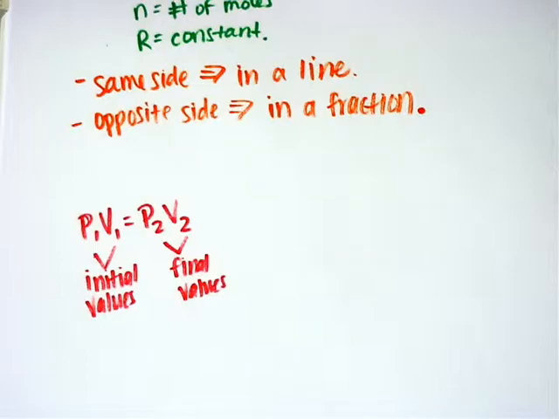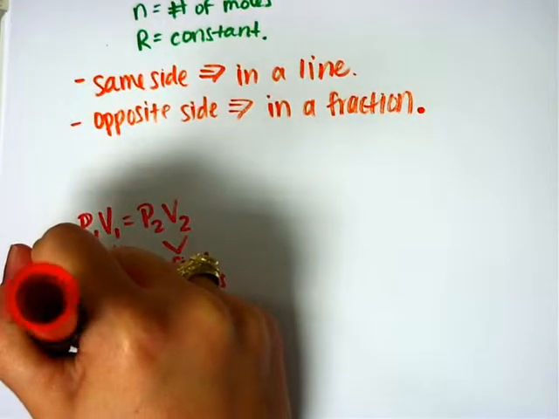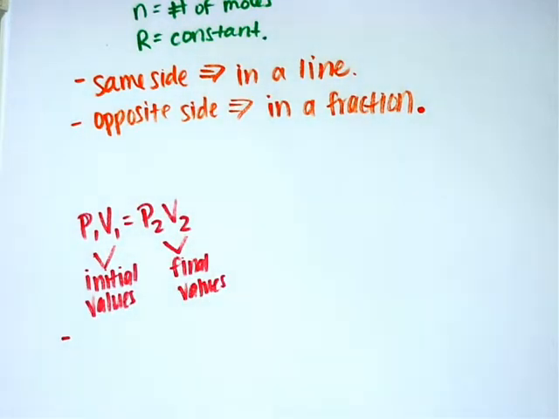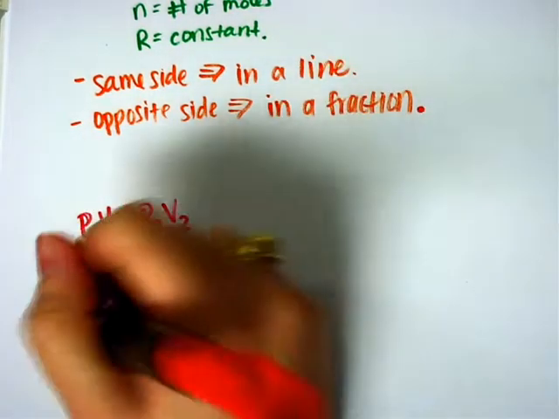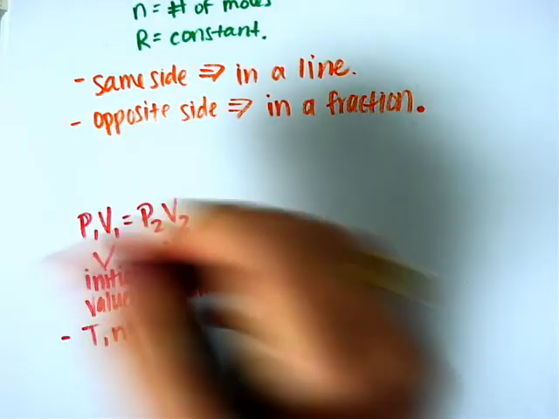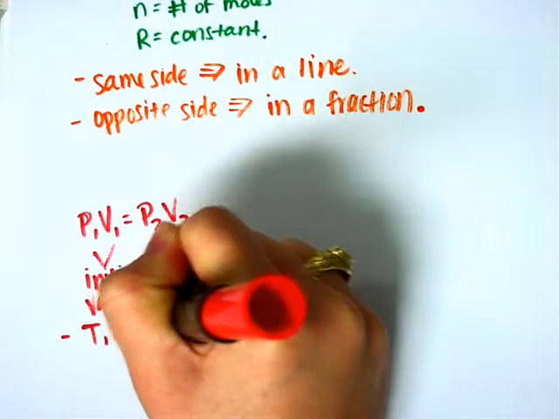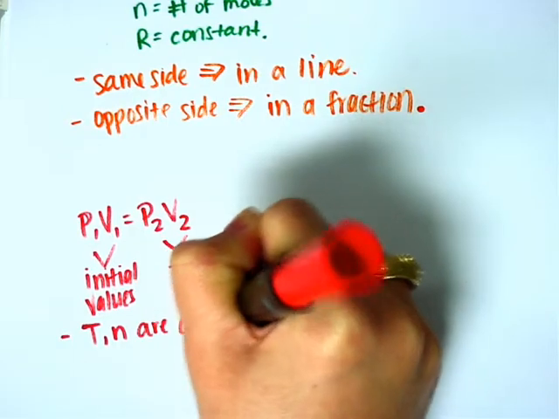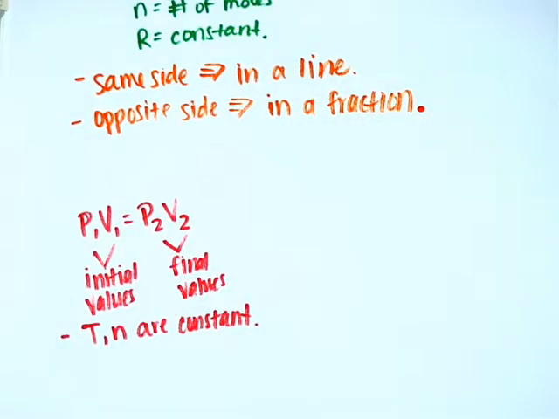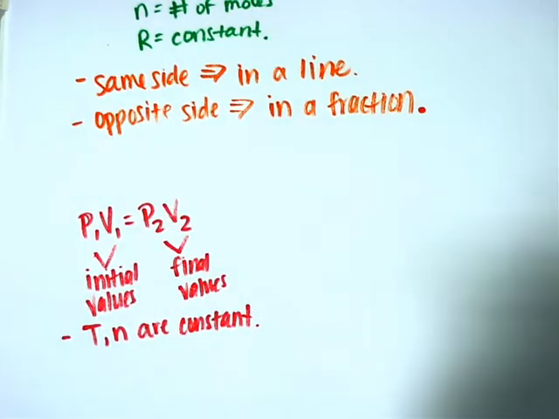So what about our temperature and our number of moles? What do we think those are doing? So are they doing anything? I don't think so. I think they're going to be constant, and so that's why we don't have them in this equation. So our temperature and our N, our number of moles, are constant. So that's why they're not in this equation. Well, this equation, or gas law rather, it's going to have a name.